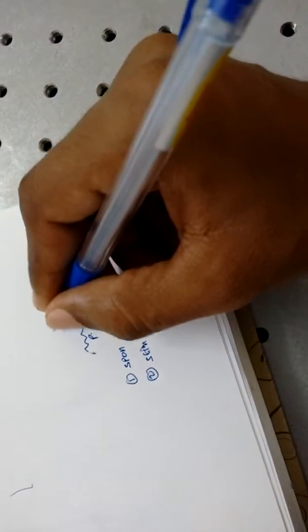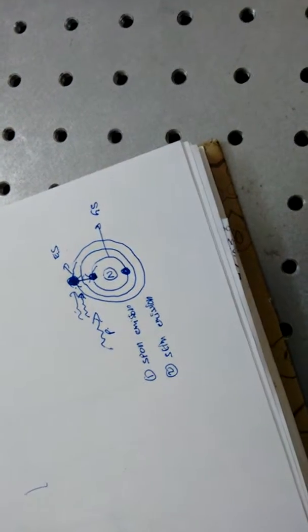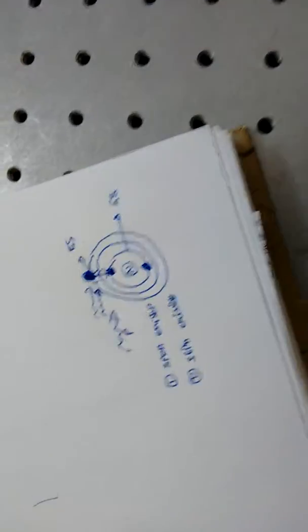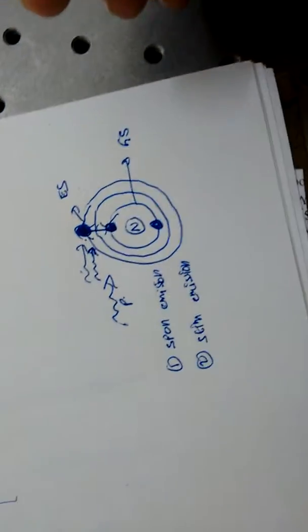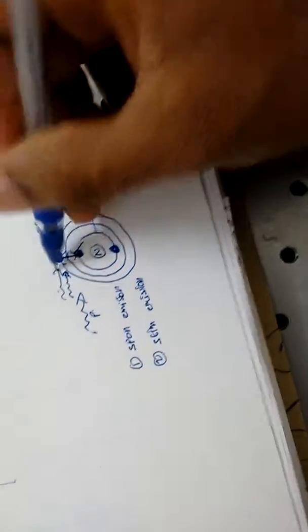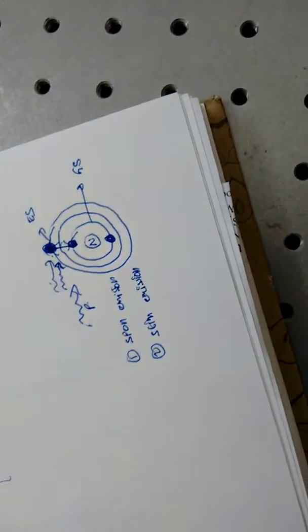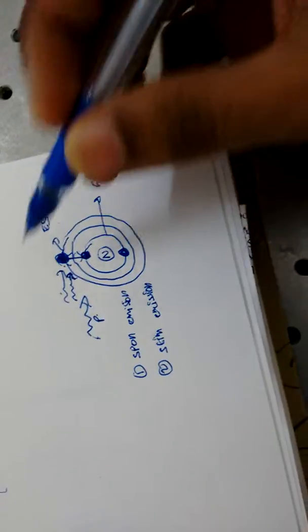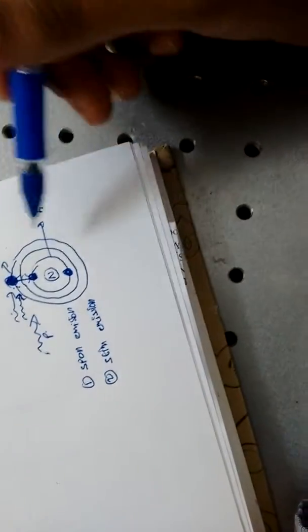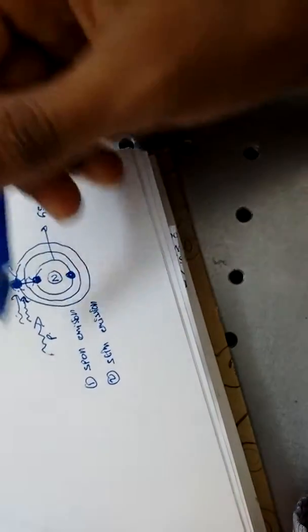So in total we have two photons. This process is called stimulated emission, because of the incident photon and then the emitted photon. This is how stimulated emission and spontaneous emission happen.